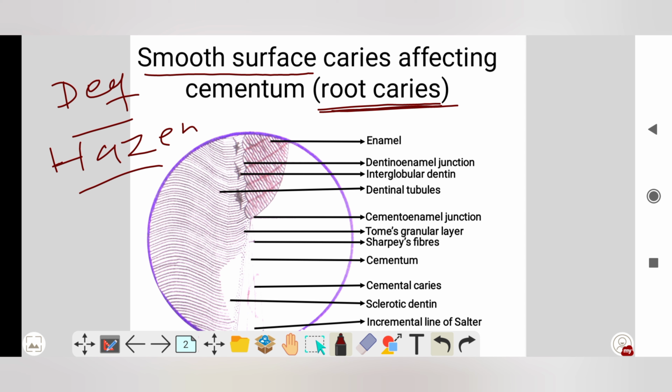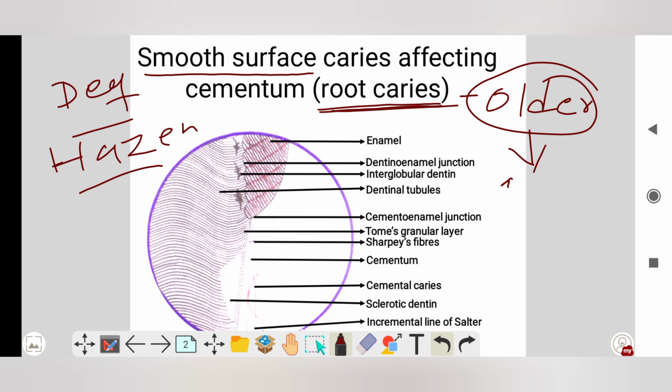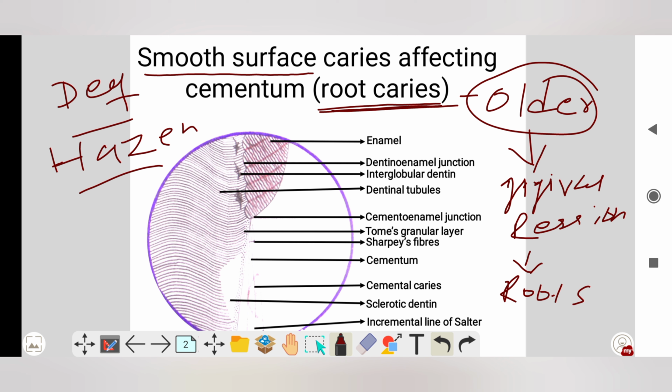Mostly cemental caries is found in older age. Why? Because in older age you can see gingival recession. Because of that, the root surface or cementum is exposed to the oral environment, and that leads to cemental caries.